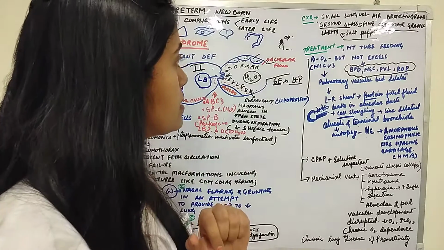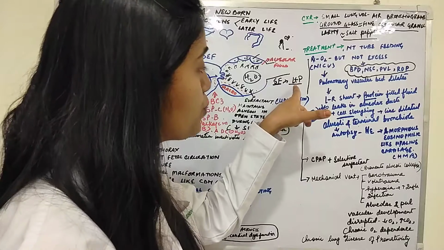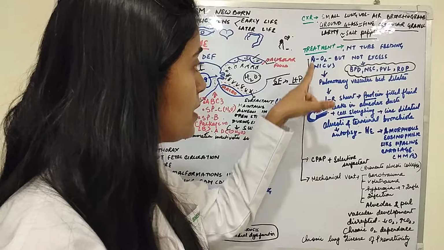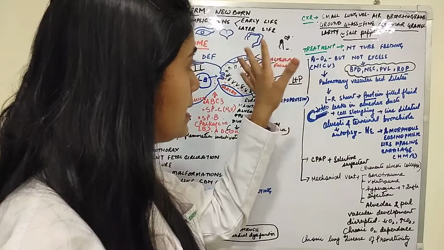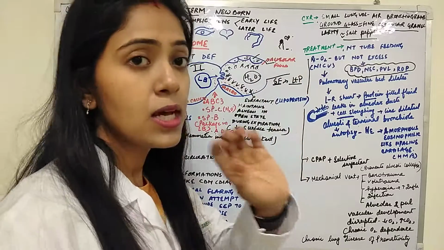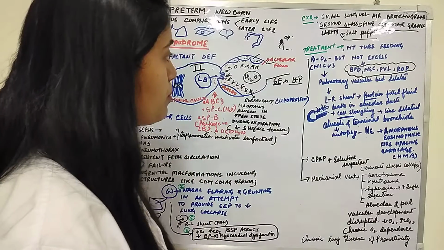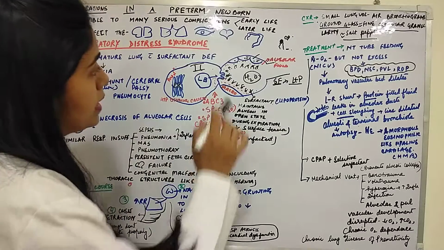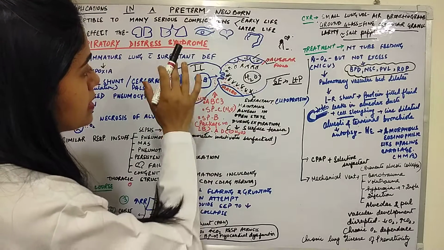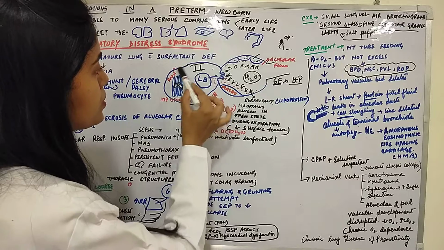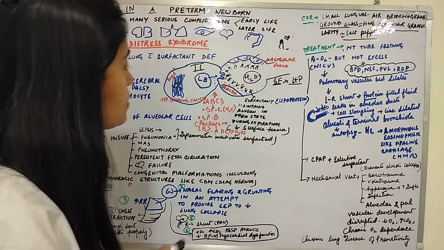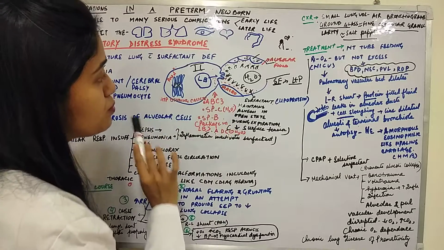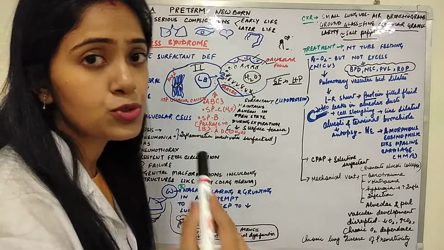I would want to take this opportunity to talk about a few proteins which are present in the surfactant molecule. We have talked about lipids. It has a lipid tail and it also has some proteins which are of utmost importance. Now, why is it that the proteins are important? We know that this molecule is produced from the endoplasmic reticulum and then it is packaged into the lamellar bodies present in the type 2 pneumocytes.